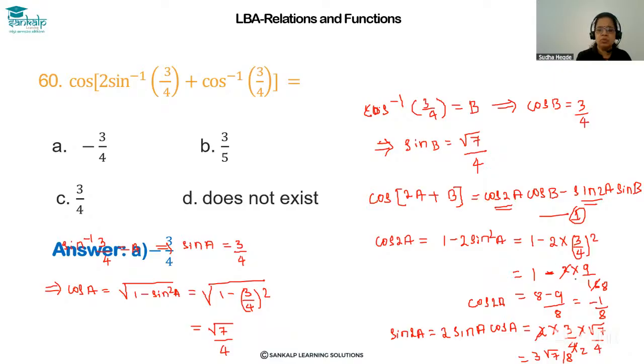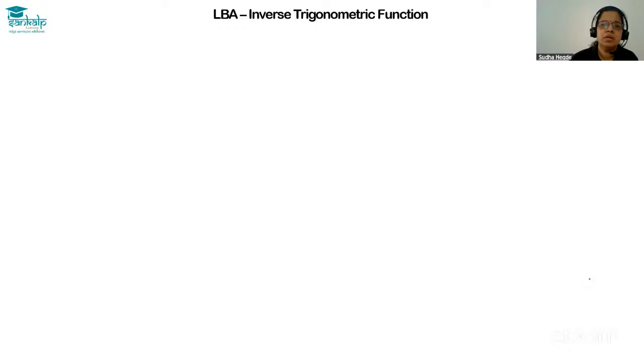Okay. Now you take the equation 1 and substitute the value, you will get the required answer. So cos 2A plus B, that is the given expression actually.